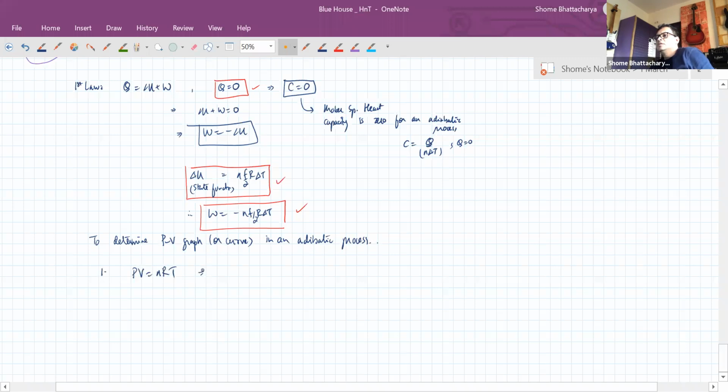When we write this in differential form, we have PdV plus VdP is equal to nRdT. We are just using the fact that P, V, and T all three are variable.